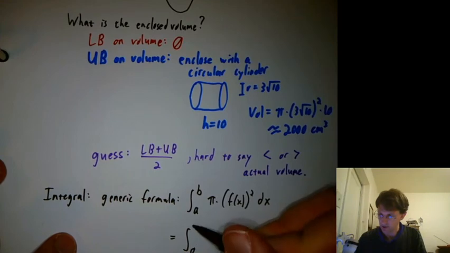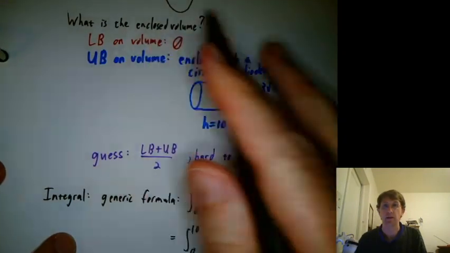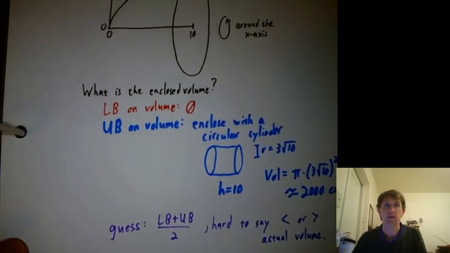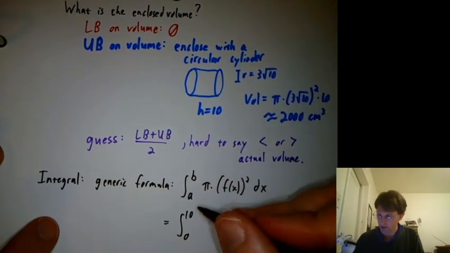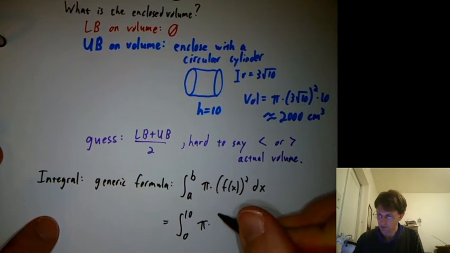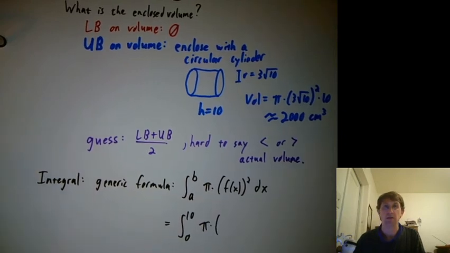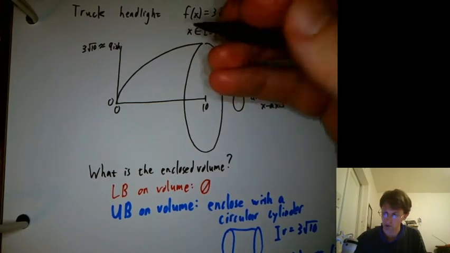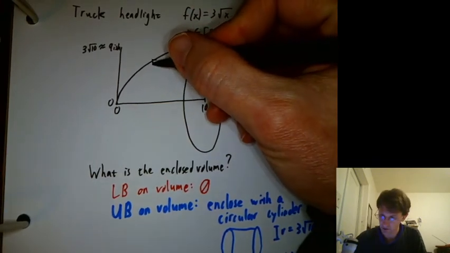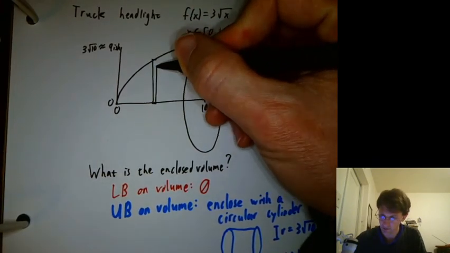We're starting at 0 and going to 10. That was on the x-axis up here. And then we've got pi times, and our radius function is just the function itself here, right? I forgot to draw the differential element, but that's usually a good idea.